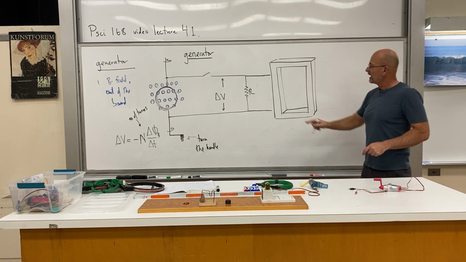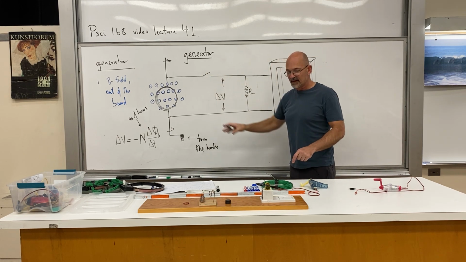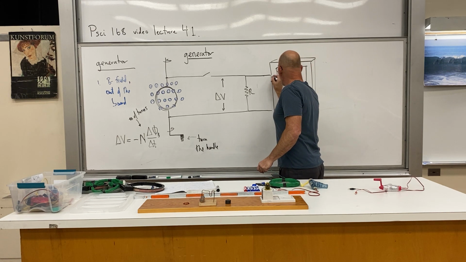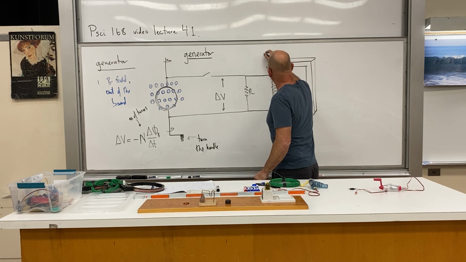And what we do with this wire, by the way, this is all insulated wire. Okay, like this green insulated wire with copper in the middle. What we do is we wrap this frame, and I'm just gonna pretend I can draw wrapping it. We wrap it with N1 turns.